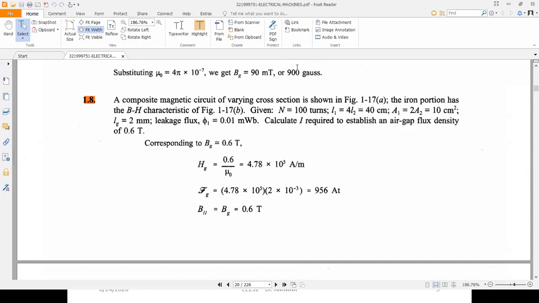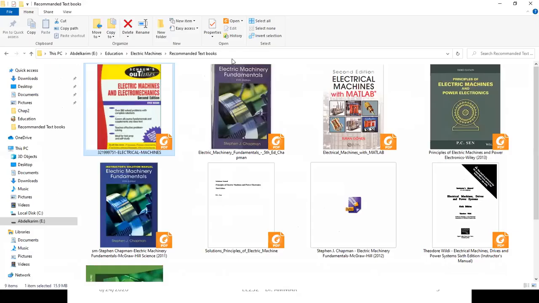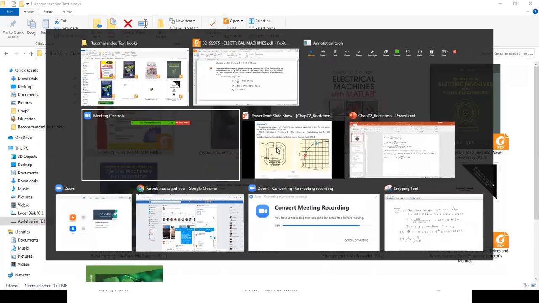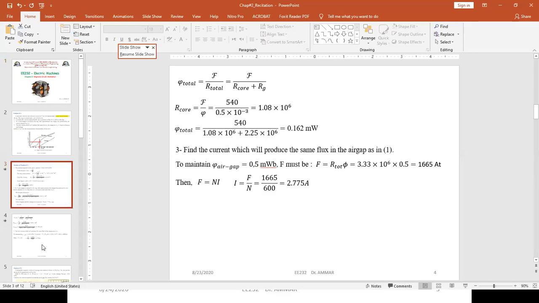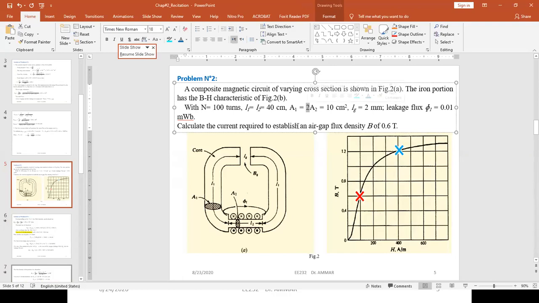We have a small mistake here, but I'm going to fix it. So here A2 equals to 4, A1 equals to 4 A2. It's not 2 A2.